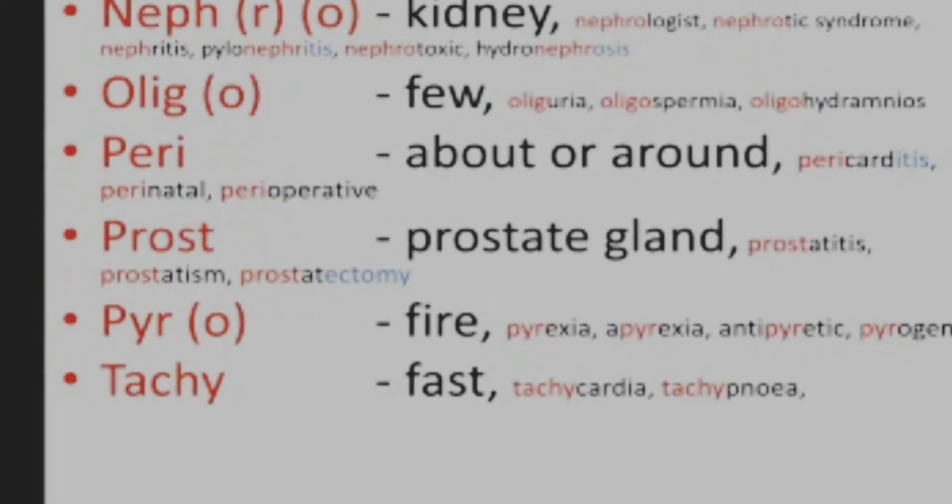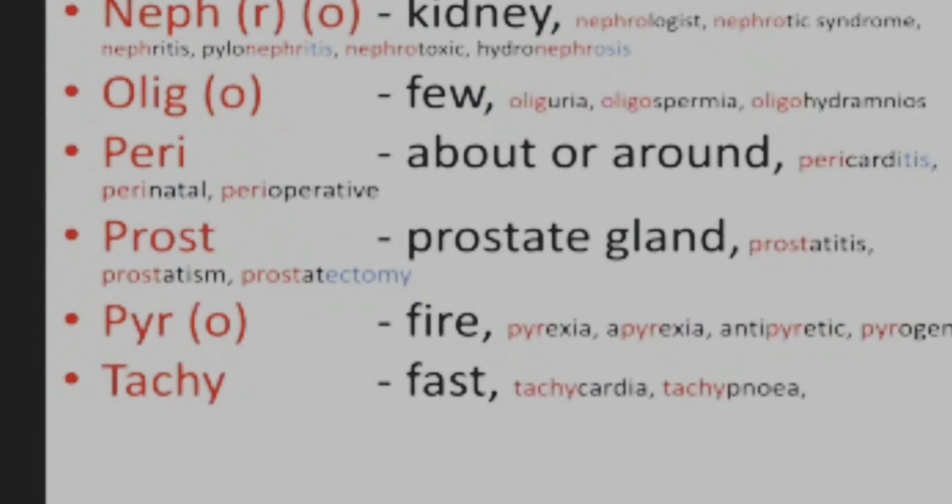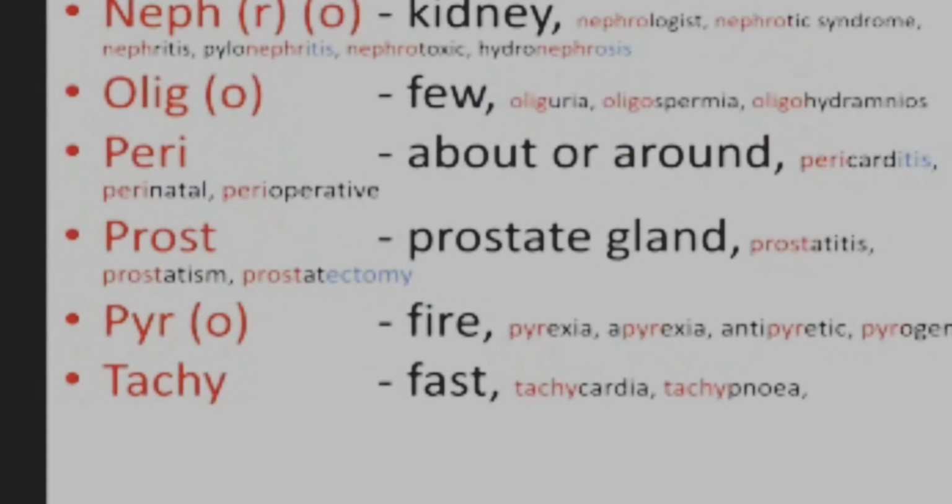Prostate gland. Prostatitis means there's inflammation or abnormality in the prostate gland. That gland works in the release of urine, and if it doesn't work right, it's a urethra problem. That means there will be frequency of urination.